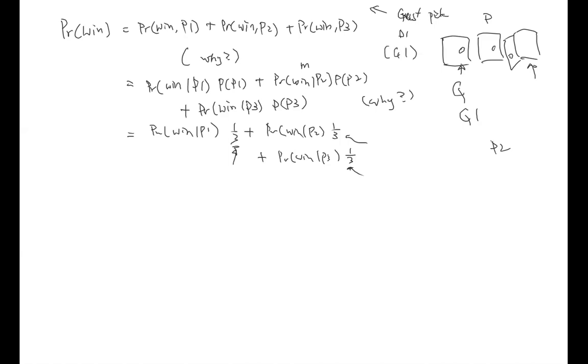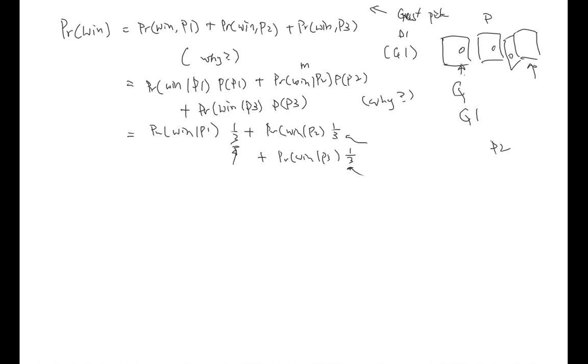Then the guest picks the first door, and the other door will be the second door. Sorry about that, actually this depends on the case. Let me repeat, I got confused myself. Again, I forgot to mention, in this case I am assuming the guest always picks the first door.